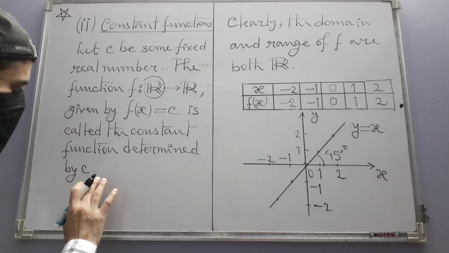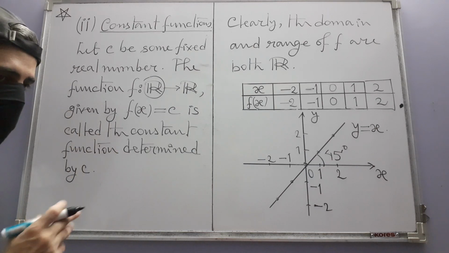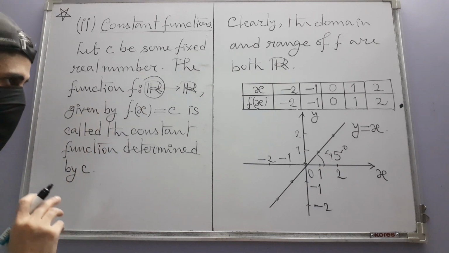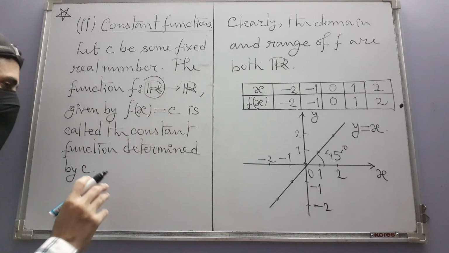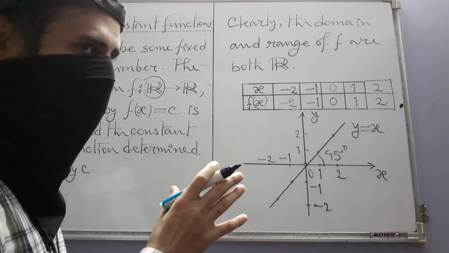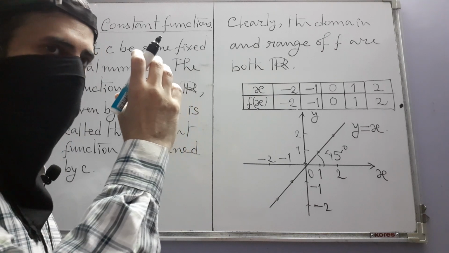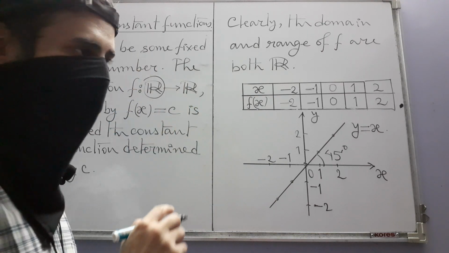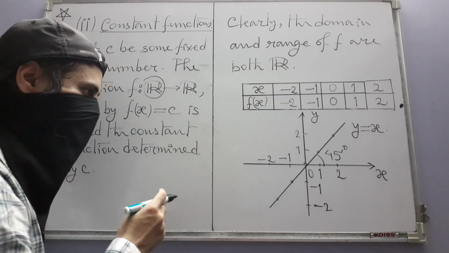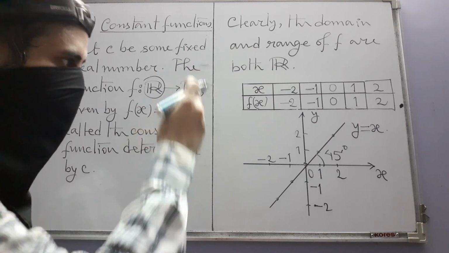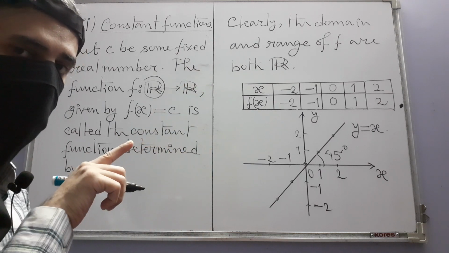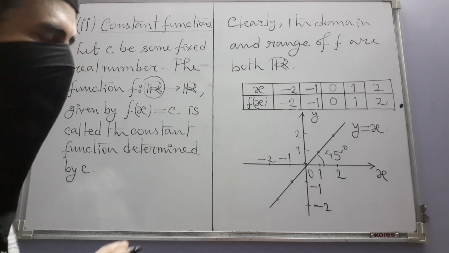Now what are the domain and range of this function? Domain, of course, for a general relation, the domain is not always the first set. It can be a smaller subset of the first set. And in fact, the domain is nothing but the set of those points in the first set from which arrows are going out.